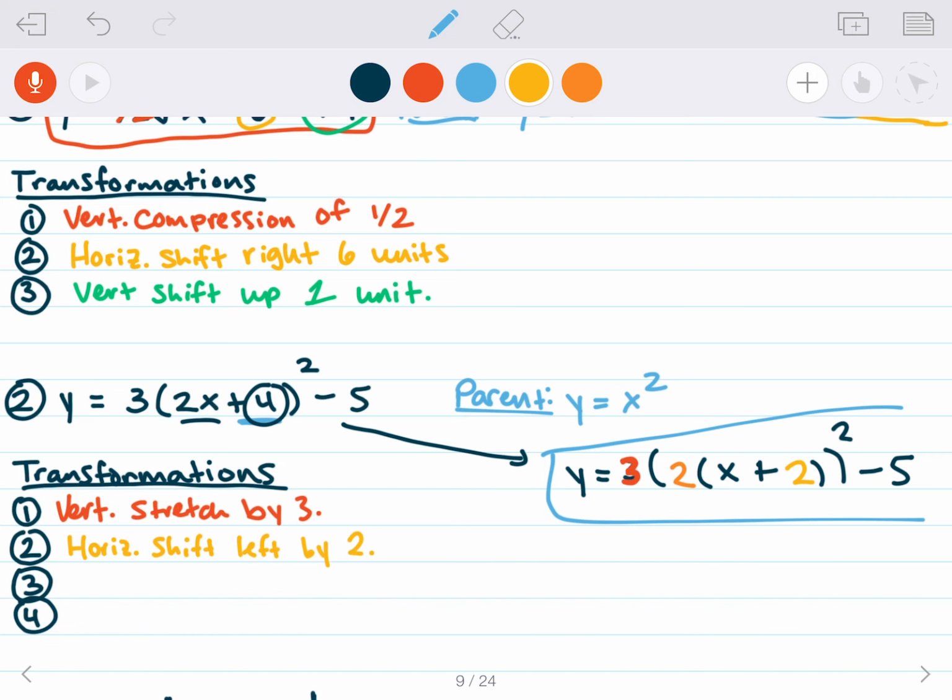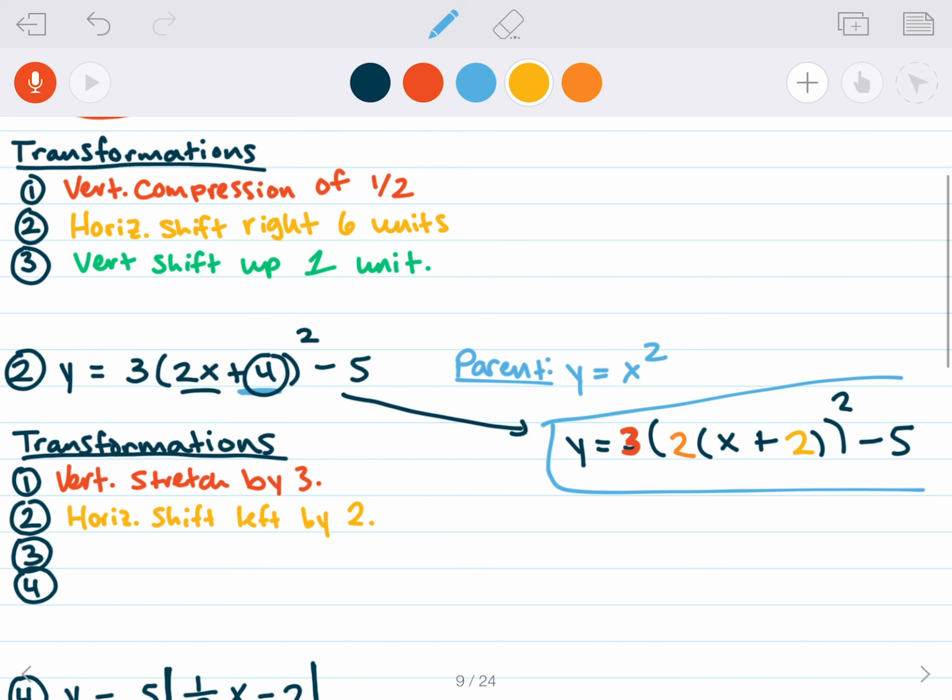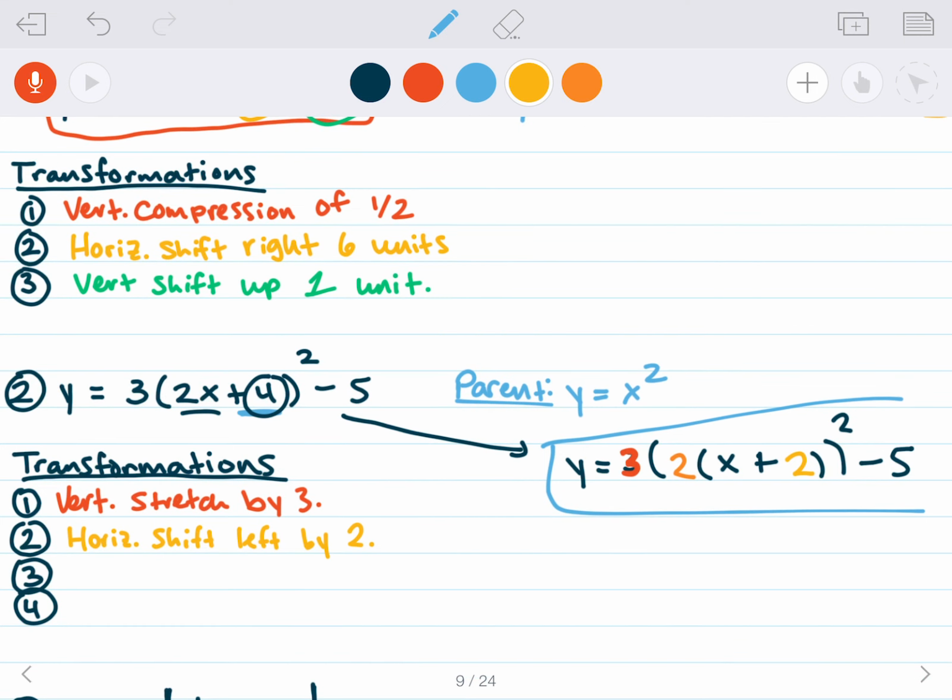I also have a horizontal compression. This guy is going to tell me, since it's always opposite what you think, right? 2 is bigger than 1, and so this is a horizontal compression, or shrink, if you like that better.